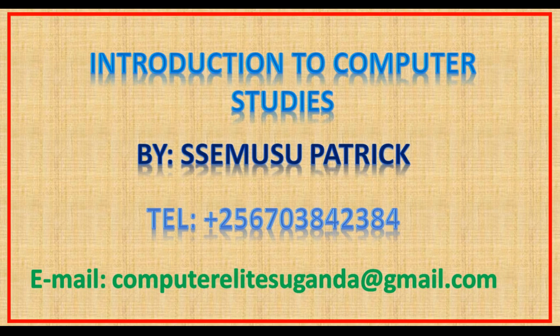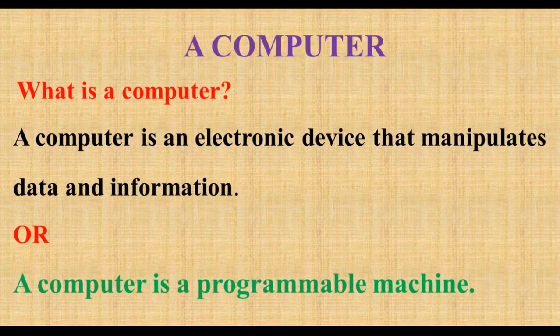Now, from the beginning, let us look at what is a computer. By definition, a computer is an electronic device that manipulates data and information, or we can also say a computer is a programmable machine.